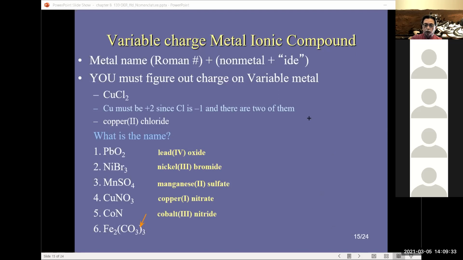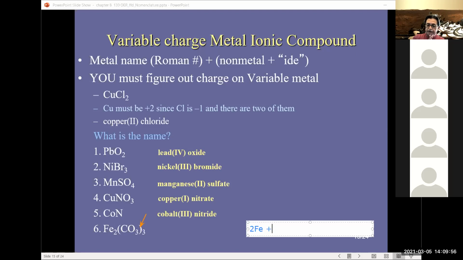All right. So we can do it a couple of ways. I'm going to set it up as an algebraic equation. So I have two irons, right? Because I got Fe2, so I got two Fe. Remember, that is the charge total of the cations. Now, the total charge of the anions, we just looked that up.